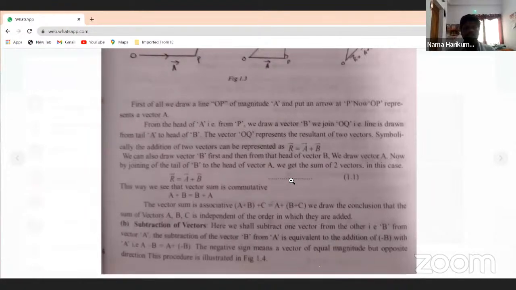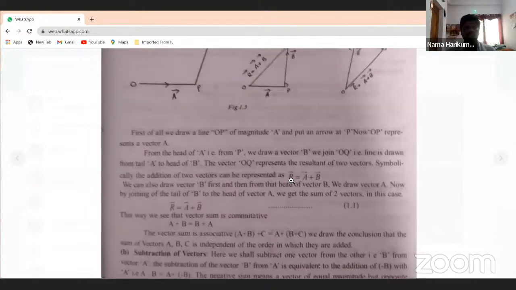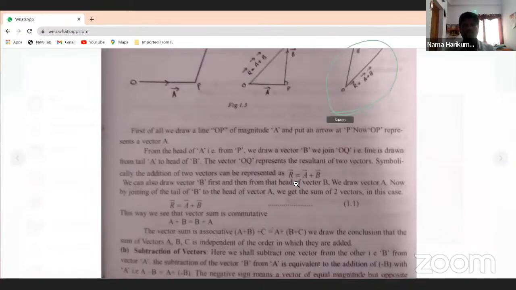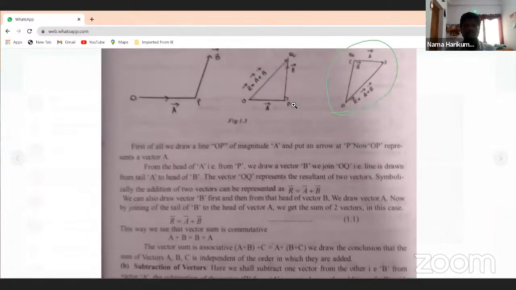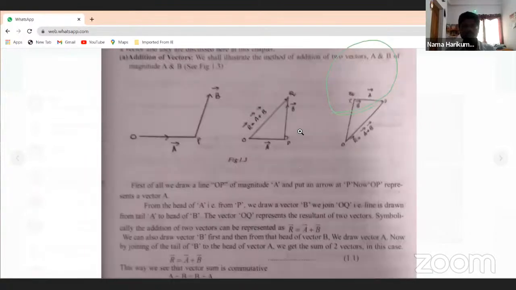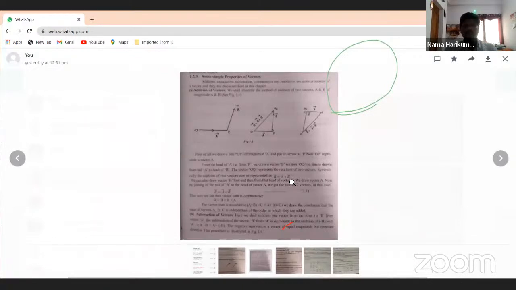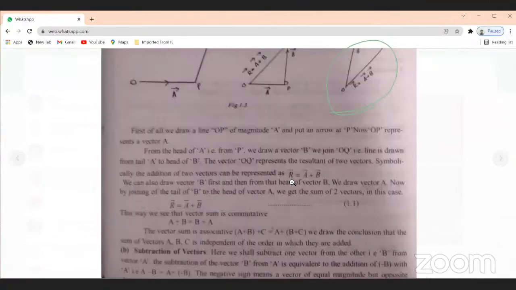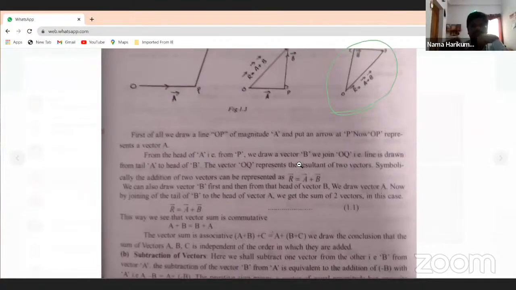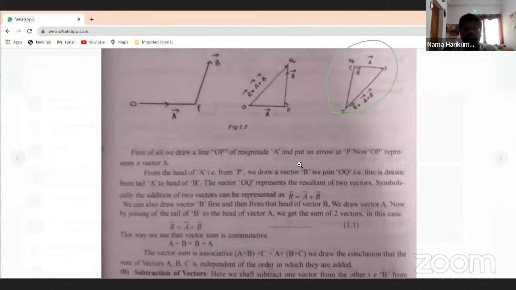Right. Sir, is it O to P or P to Q, the resultant vector? O to P is the A vector. Okay.